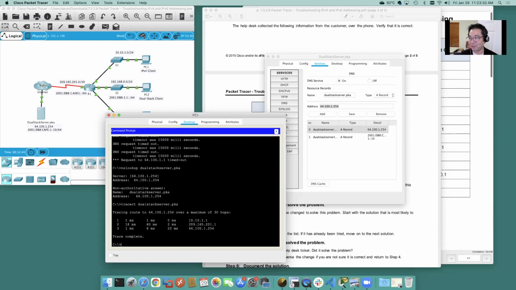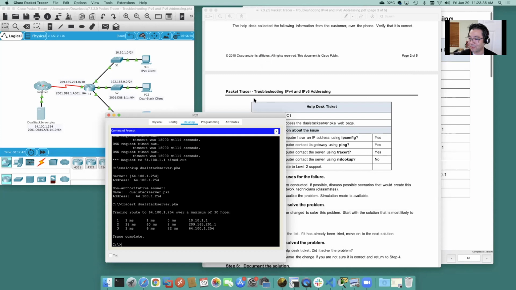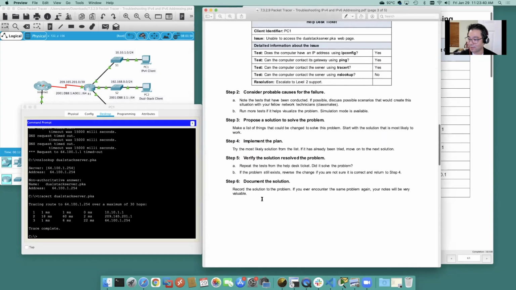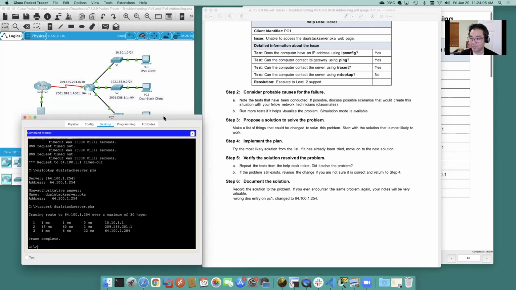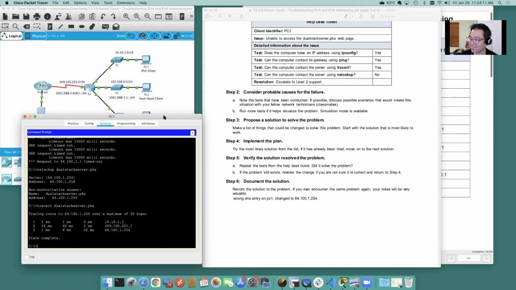So just a wrong DNS entry on the computer. PC1 changed to 64.100.254. And really, you probably want to give that address out over DHCP, but not my place to judge. They only got one PC. So, okay, on to the next.